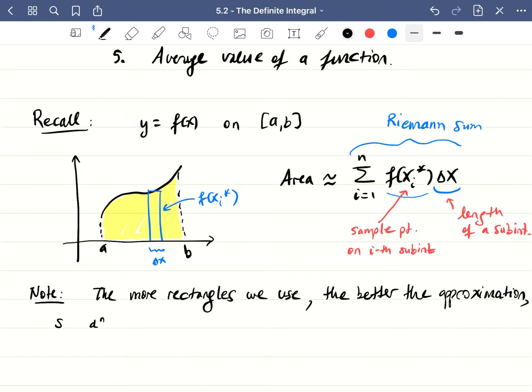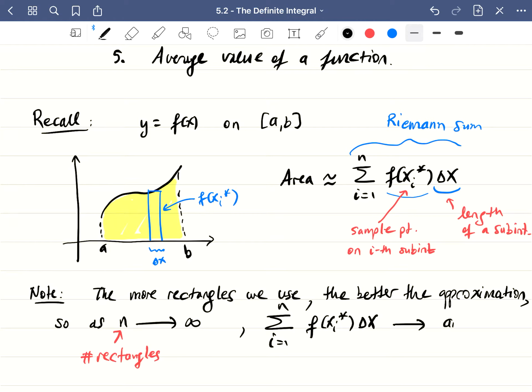So as n goes to infinity, where n is the number of rectangles, we have that the Riemann sum, the sum from i equals 1 to n of f of xi star delta x, approaches the actual area.